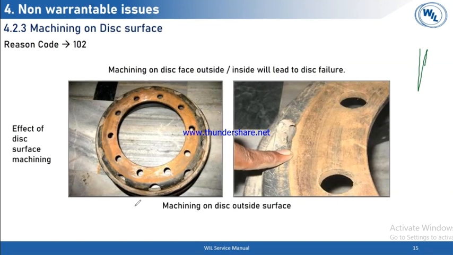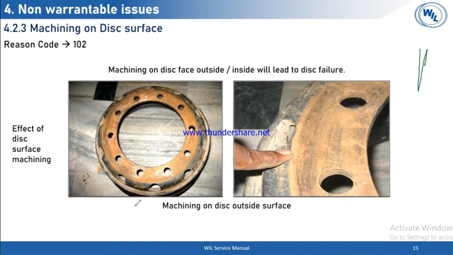Then machining at the surface of the disc, inside or outside surface, is not recommended. The reason is the disc inside and outside face has a particular dimension for press out, like a dishing, which is a particular dimension we maintain for each wheel rim, and it is the most important dimension for the function and life of the wheel rim.